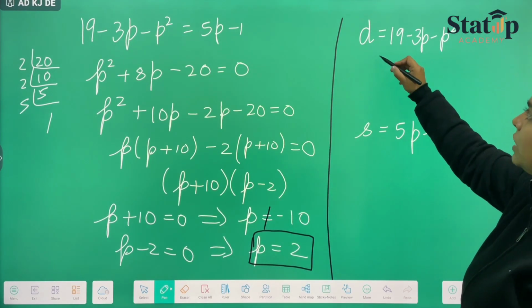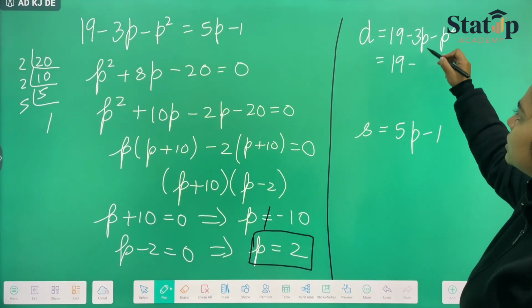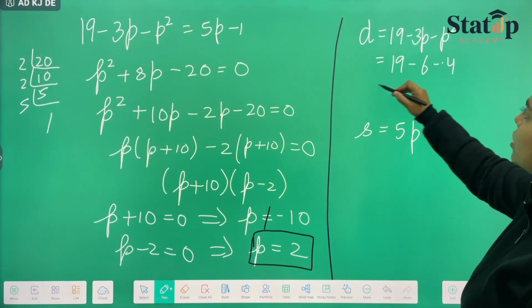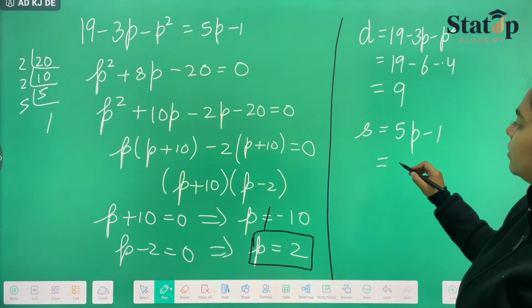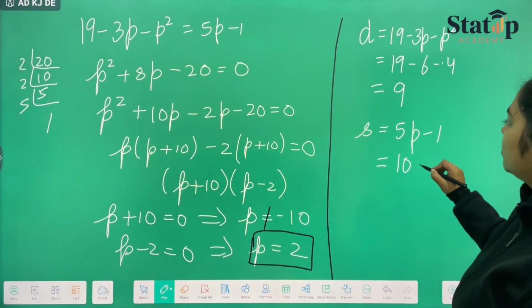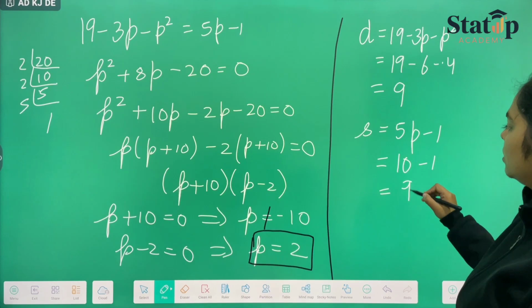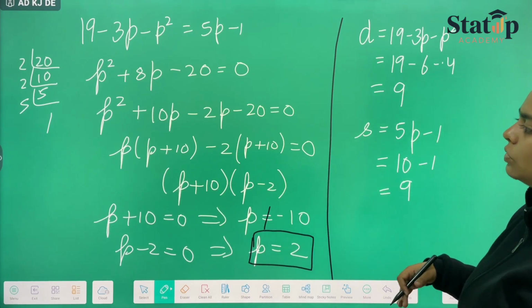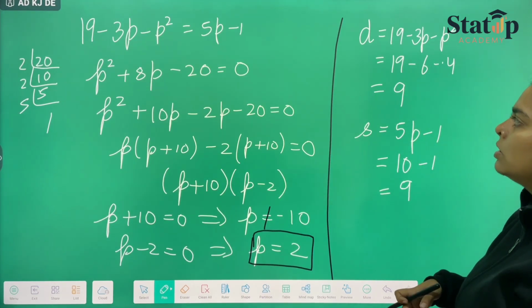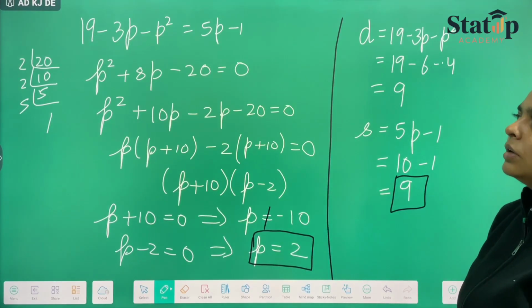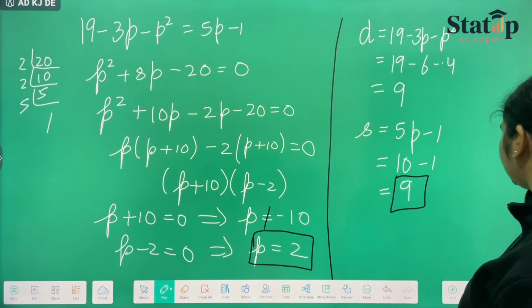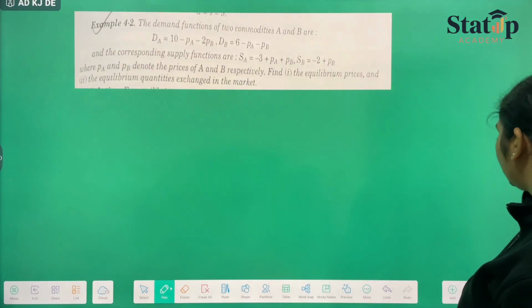Putting the value of p here, 19 minus 3 twos are 6 minus 4, so it will be 9. And putting the value of p here, 5 twos are 10 minus 1, which is again 9. So either of the two are equal. So this is our value for quantity, 9. This solves our question. It has been an easy one.